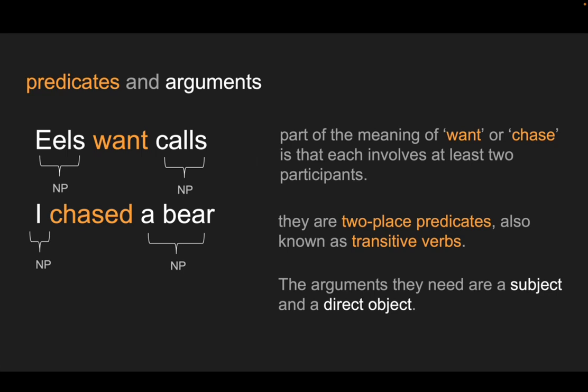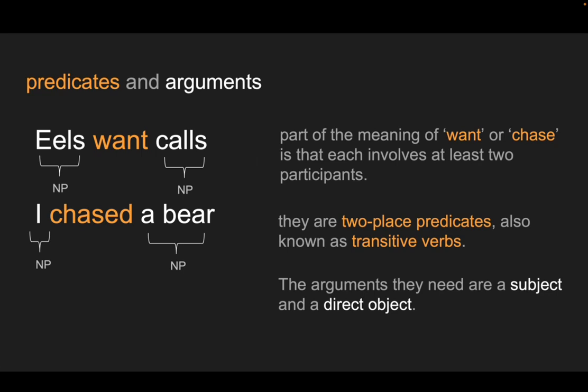So the predicate is centered on the verb, but it includes the verb and any objects of the verb, any participants. All right, so I've used this word argument here, and I know it's a weird word, it just means participant.